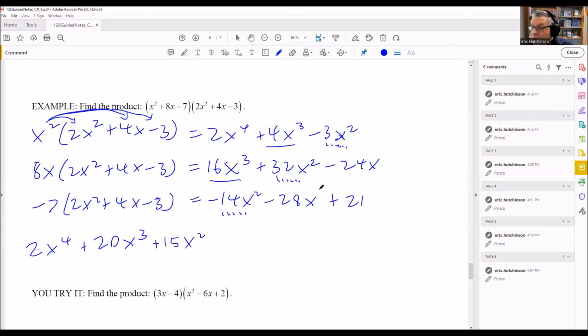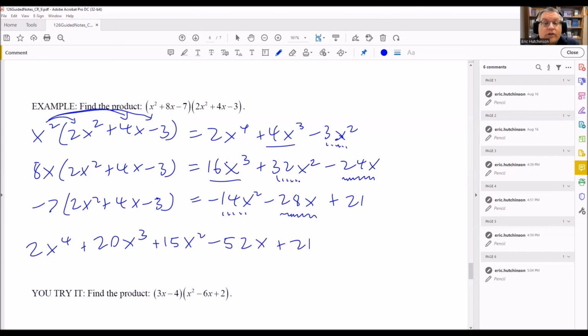Now we're on the x's. So let me do this one and this one. Negative 28 and negative 24 is going to be negative 52x, and then I have plus 21 on the end.